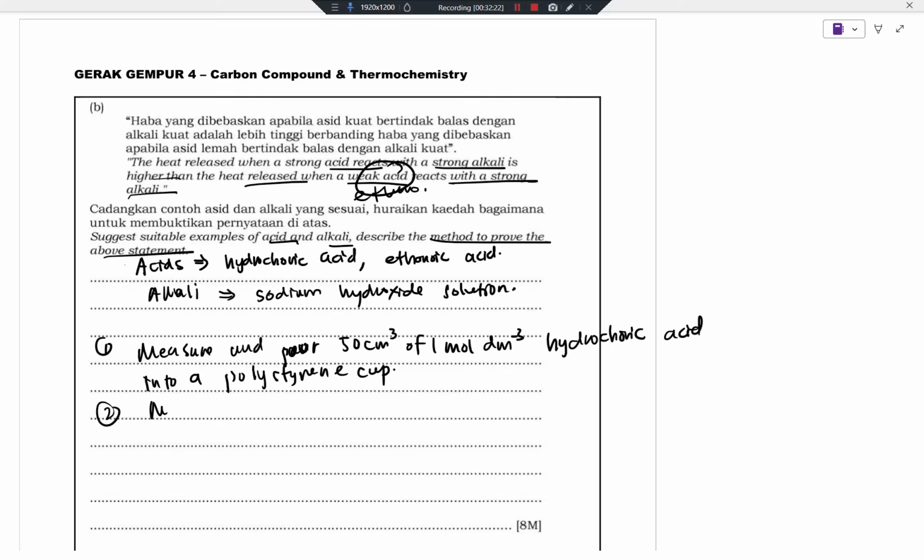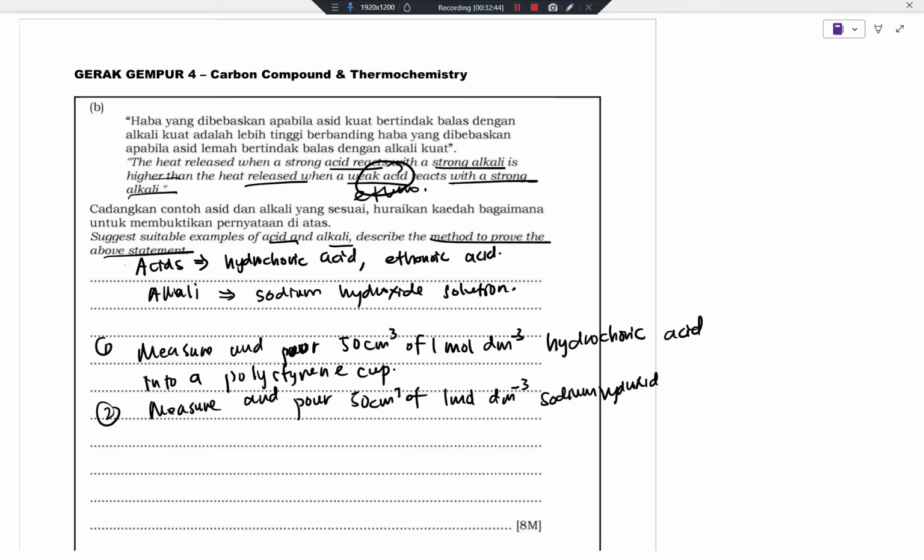இன்னொரு கப்ல அதே தான் செய்யணும். Measure and pour, கலந்துடக்கூடாது நேரா. 50 cm cube of 1 mole dm negative 3 நம்ம தான் ஹைட்ரோக்ளோரிக் ஆசிட்ல சேர்த்து அப்புறம் எத்தனிக் ஆசிடோட செய்வோம். உலாங் பலியில இது வந்து ஸ்ட்ராங் ஆல்கலி which is sodium hydroxide.